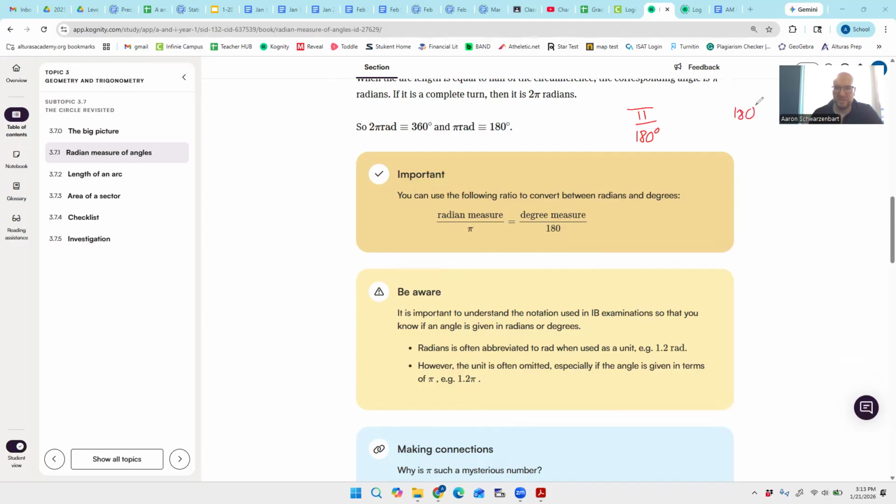Radians to degrees, 180 over pi. That will let you end in degrees. Pi is the radian connection, because half a circle, pi radians, is 180 degrees. The definition of radian is arc length divided by radius.